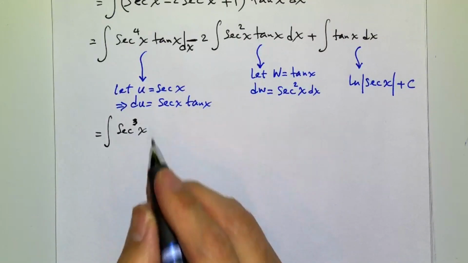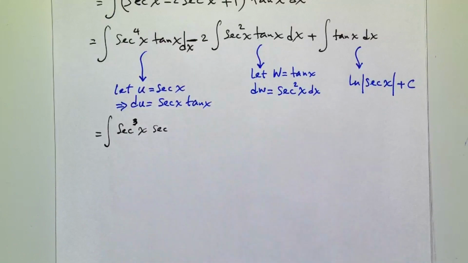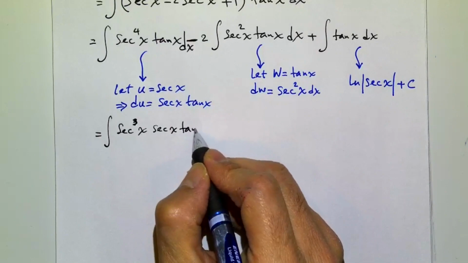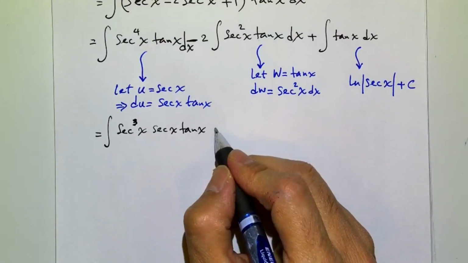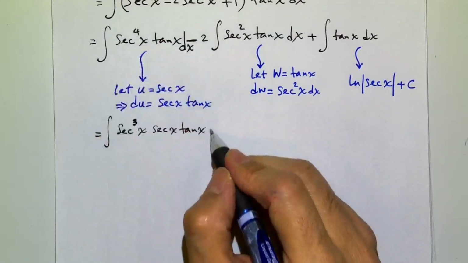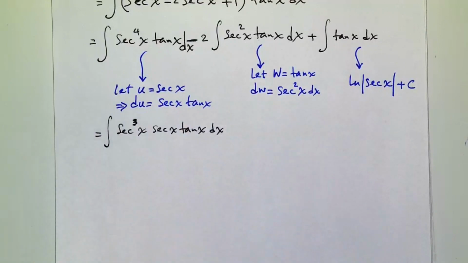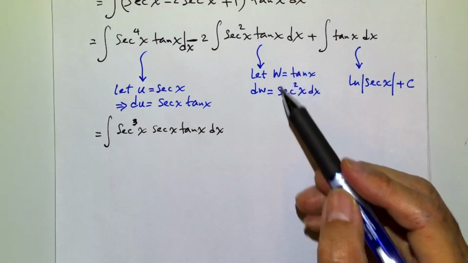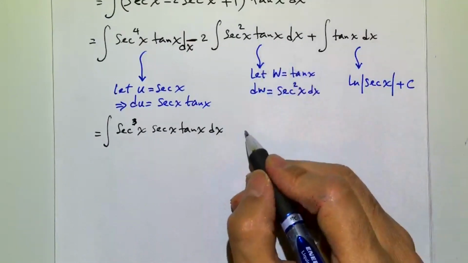Secant cubed x times secant x tangent x dx. I'm breaking this apart. And I want to keep that the way it is. I think this is fine.